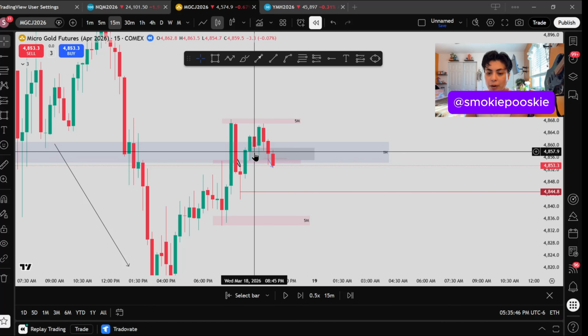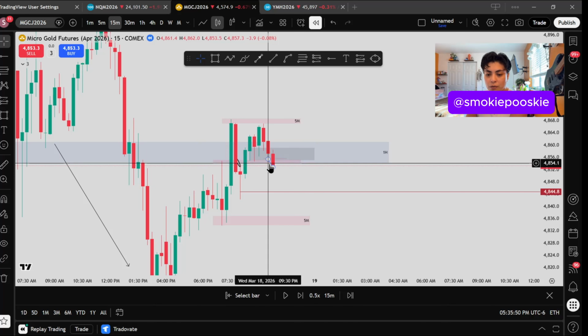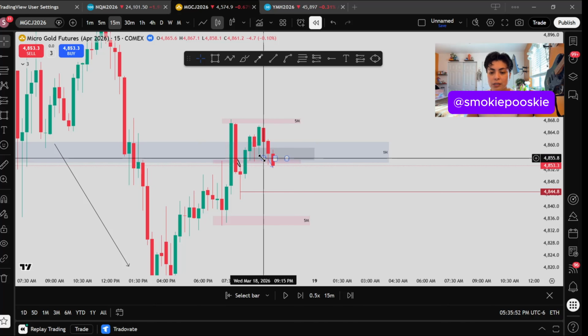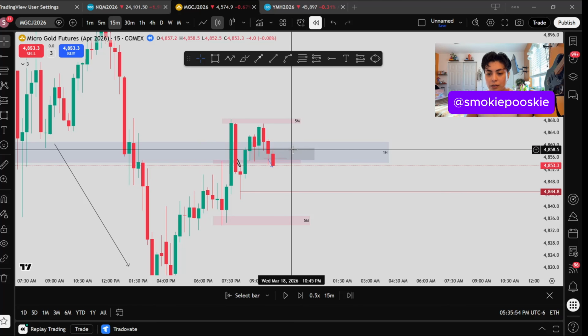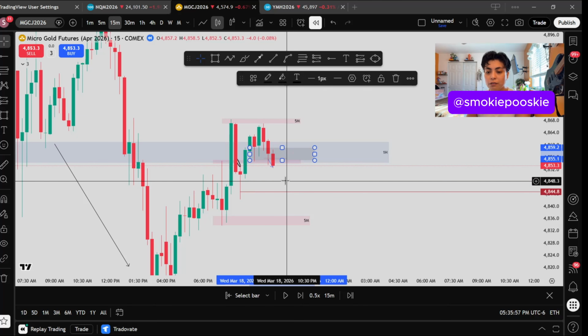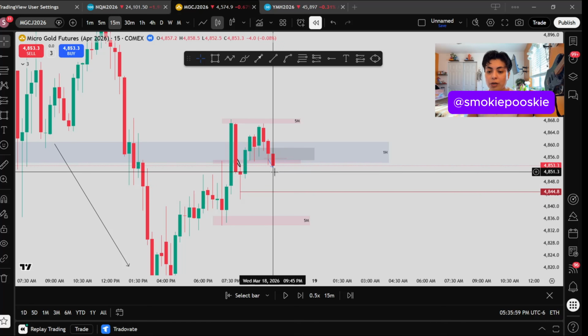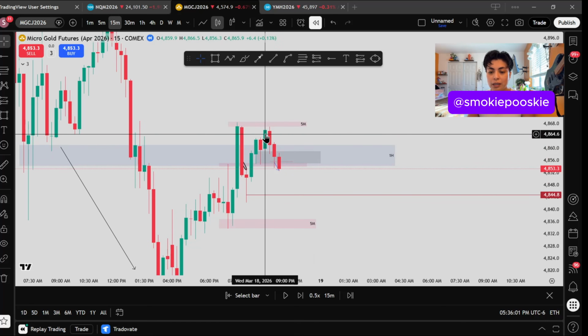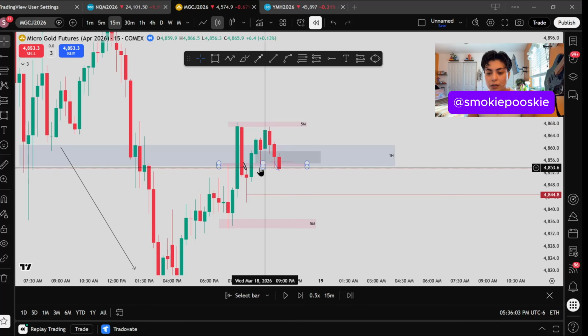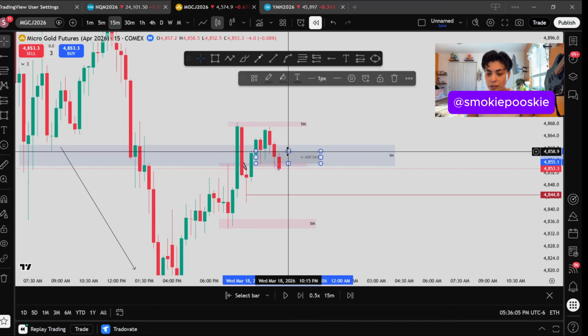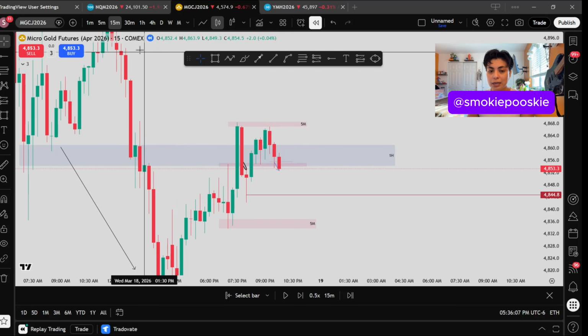I'm just counting the bottom of the most recent red candle that was broken, right? That means this is not strong enough to support the buyers anymore. So even on the 15 minute, we're finally breaking structure, getting that lower high and lower low, right? That's what we wanted to see when the correction is ending.